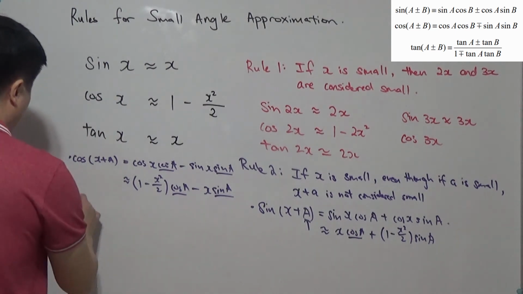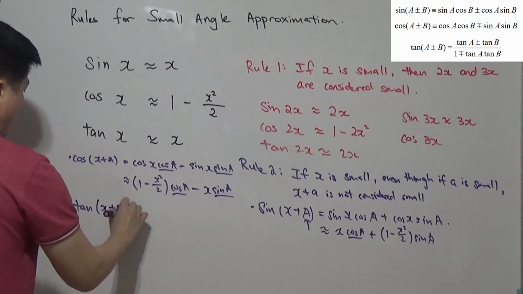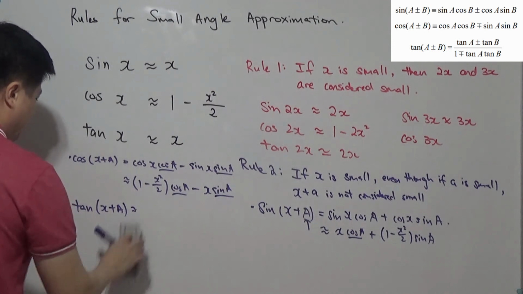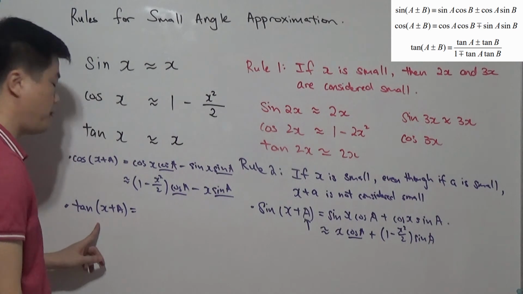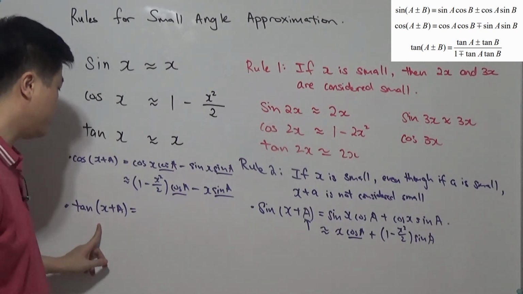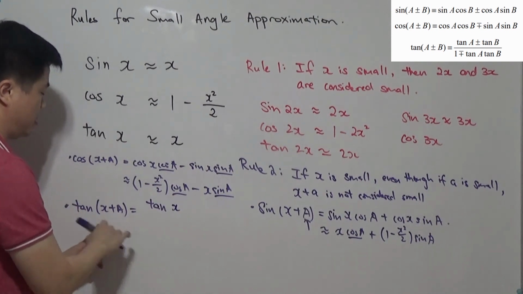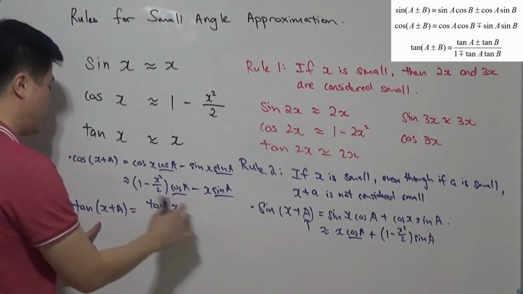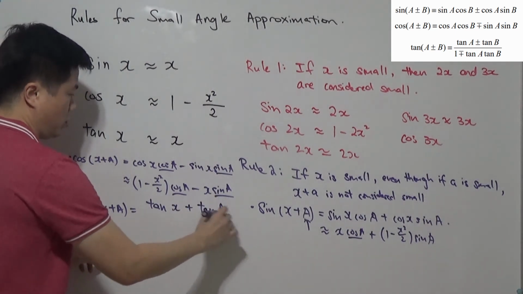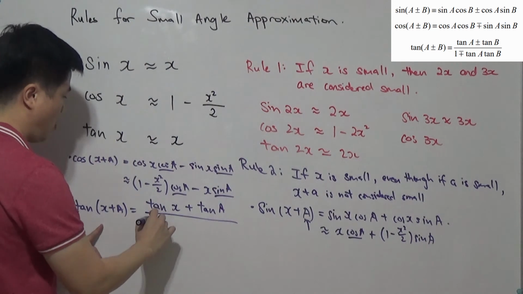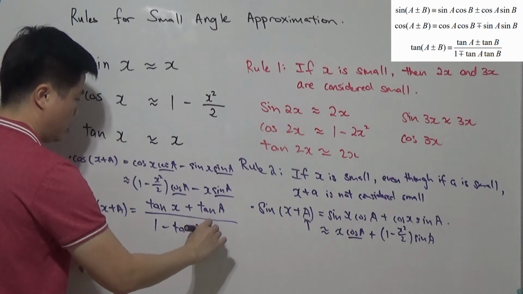So lastly, tangent. I think you get the idea by now. So again, tangent of x plus a. Use your formula sheet and go ahead and expand this using a compound angle. So that will be tangent x, I mean the first angle, not a, plus tangent a, which is a known value, over 1 minus tangent x times tangent a.